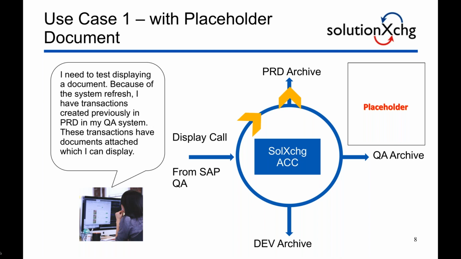So you can disguise the content of the document so that the tester knows the test is actually valid and it's working. It's just not displaying the specific content of the document.